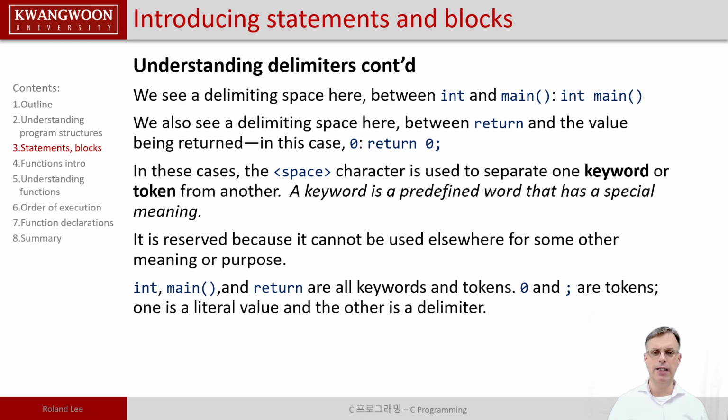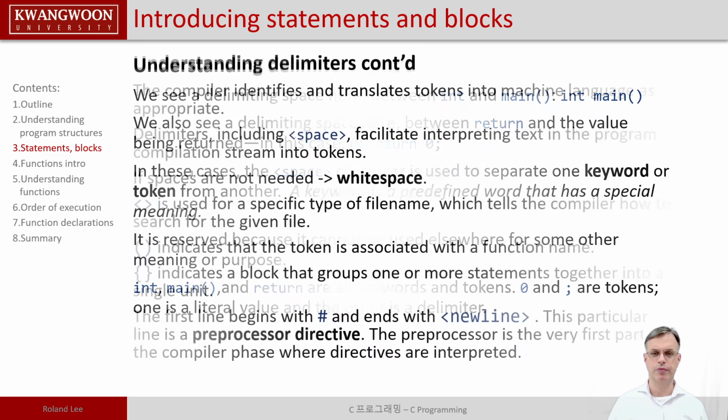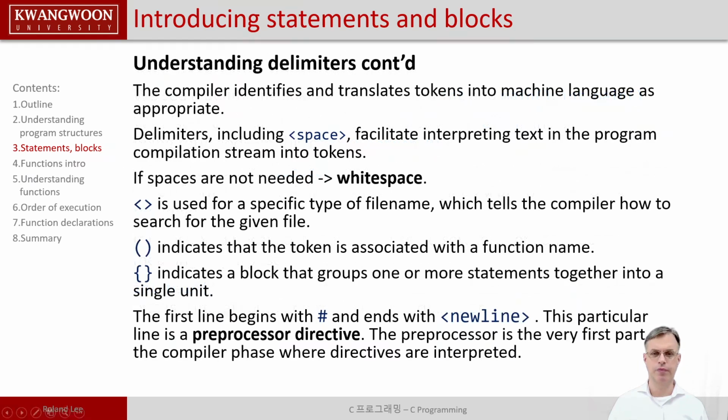The compiler identifies and translates tokens into machine language as appropriate. Delimiters, including space, facilitate interpreting text in the program compilation stream into tokens. Otherwise, when spaces are not needed to separate tokens, they are optional and are considered white space.